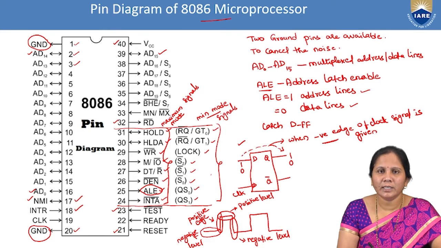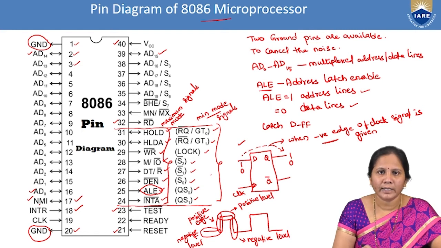If any external interrupts come to the 8086 microprocessor, they come through the NMI pin or INTR pin only. So only 2 interrupts are available in the 8086 pin configuration.